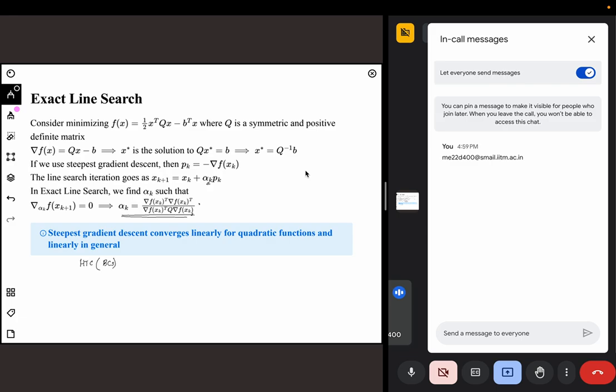Then this particular equation is very complex, and you cannot directly get the value of alpha always. So only for simple or analytical problems where you can solve for alpha can this exact line search be used, but in general you cannot directly use this technique.